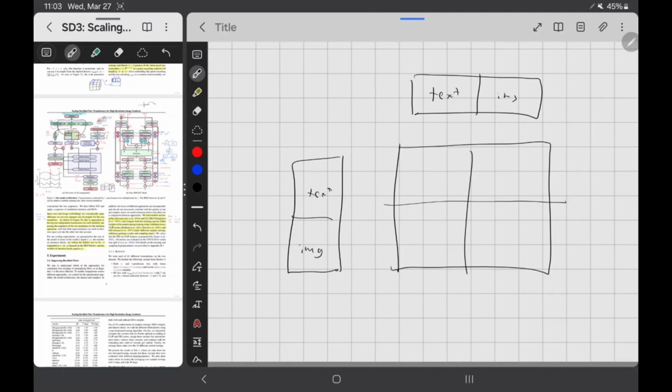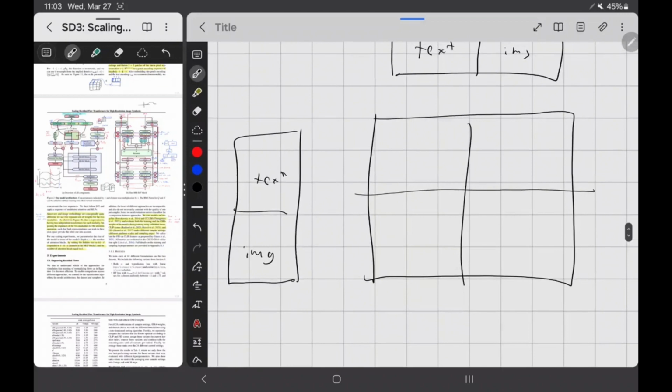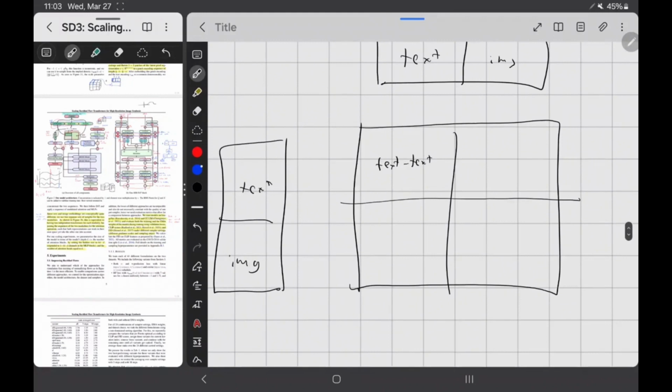Your similarity matrix is going to look like this, where this is basically going to be your text relationship. If we just had a transformer by itself, modeling the text information, you would get this part here.